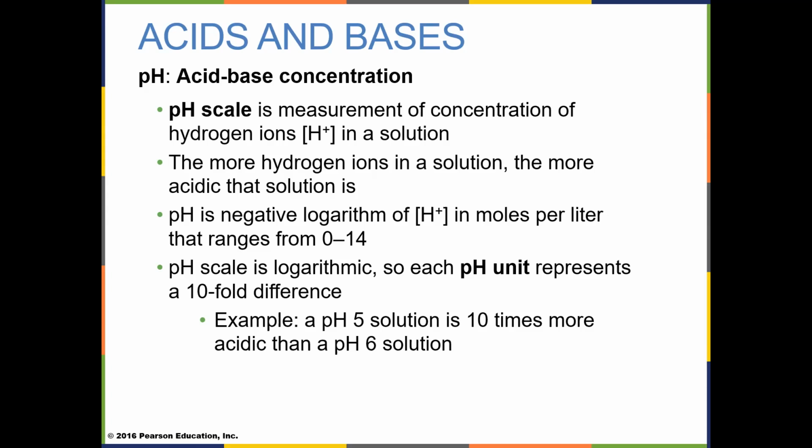So something that's a pH of 8 is 10 times more basic than 7. 9 is 10 times more basic than 8, 100 times more than 7, and so on up the scale. So the ends of the scales, the 0s and the 14s, are very powerful acids and very powerful bases.